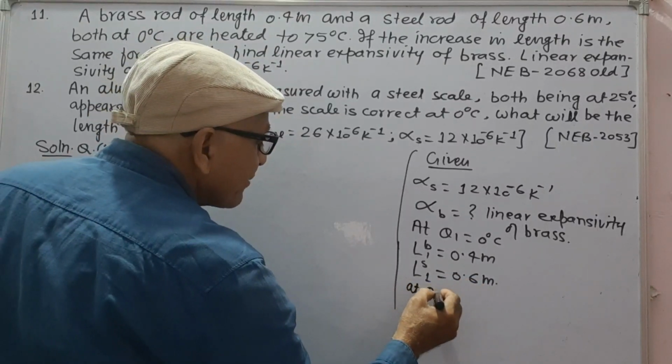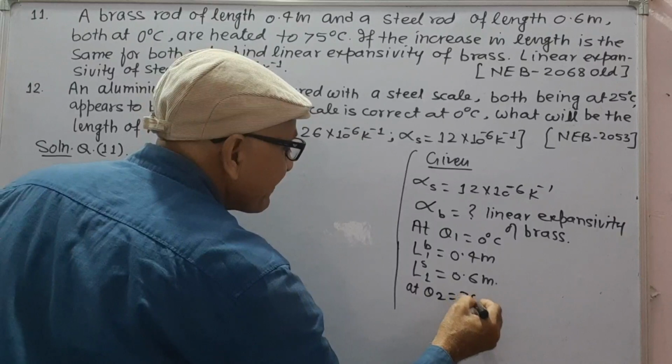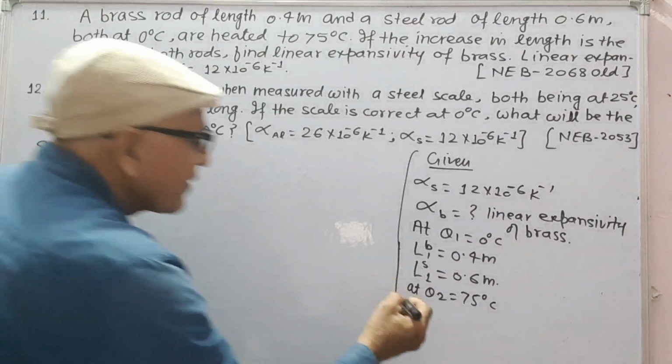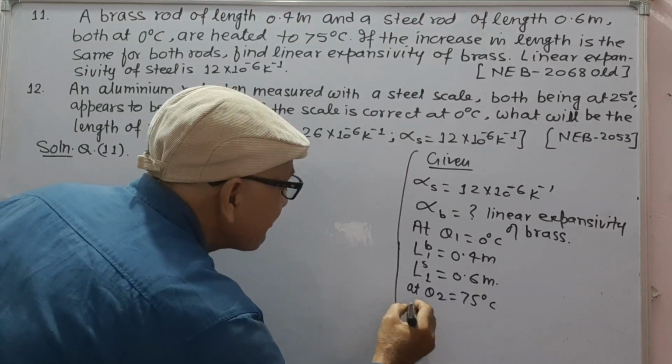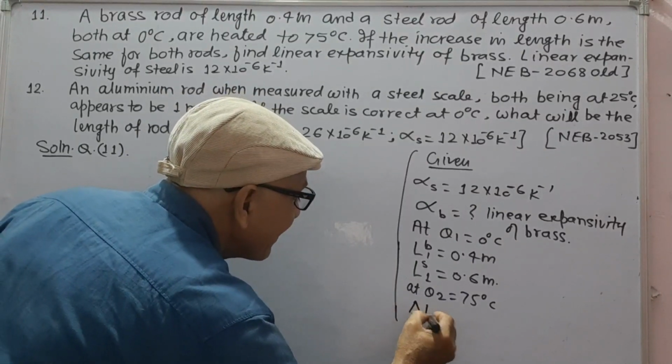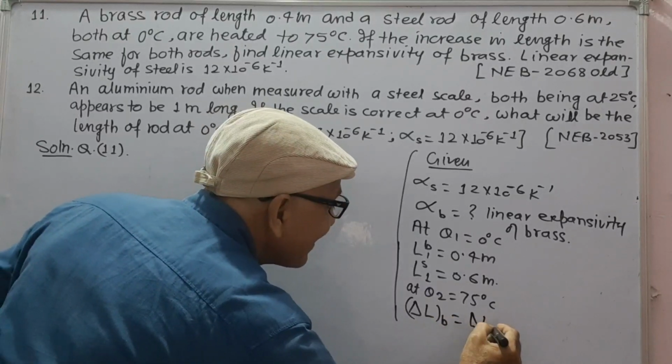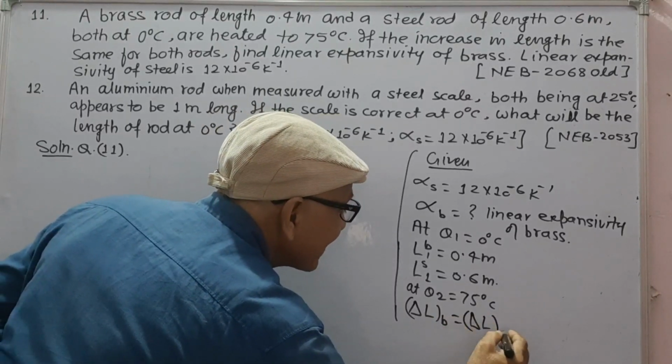At theta 2 is equal to 75 degree Celsius, change in length is same, that is delta L of brass is equal to delta L of steel.